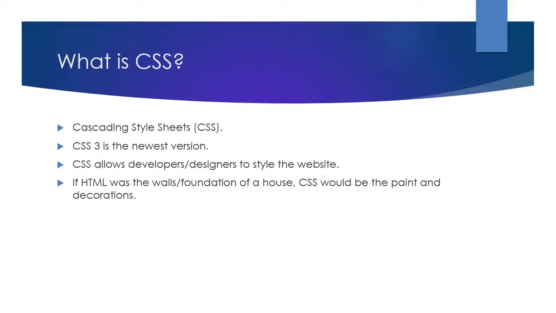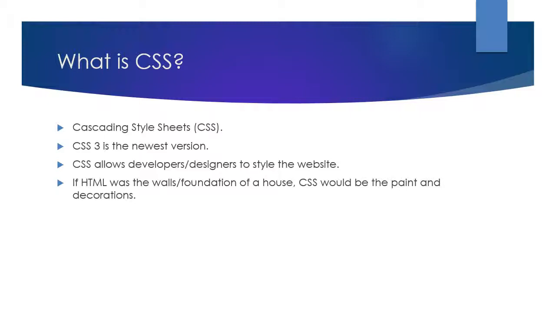So, what is CSS? CSS stands for Cascading Style Sheets. And what CSS is, like it says on the bottom of the slide, it's basically like the walls, or no, excuse me, it would be like the paint and decorations of a house, where HTML was the walls and foundation. CSS would be the paint and the decorations, all the styling of a house.